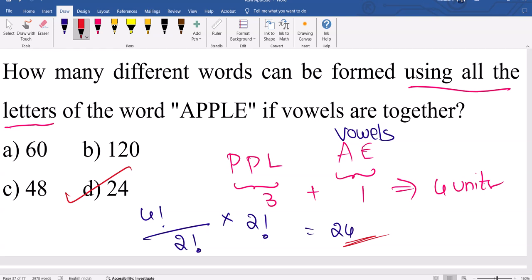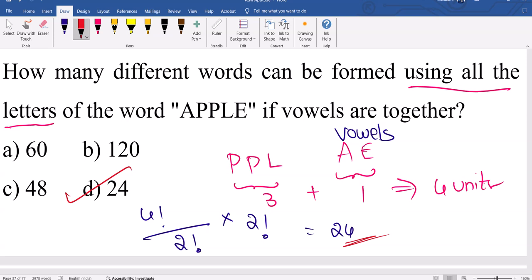Vowels are together. If they say consonants are together, then what should be the answer? Consonants together. Guys, answer consonants together. Consonants 1 unit, vowels 2 units, so 3 units, 3 factorial, divided by 2 factorial because of P again, into 3 factorial.